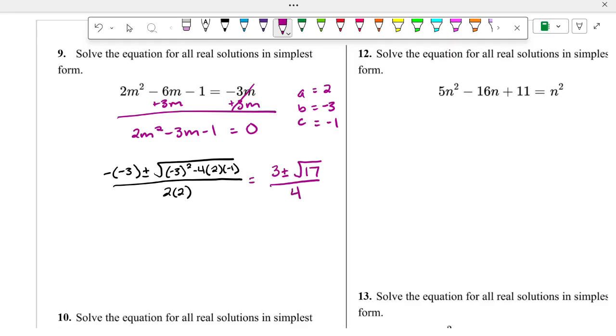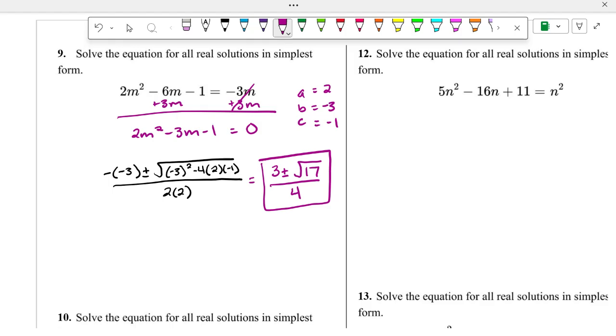Now, guess what? 17. We already know that's not a perfect square. But could we simplify 17? So if we figure out factors of 17, would there be a perfect square in any of those factors? What are the only two factors of 17? 1, 17. So we're done. All right.